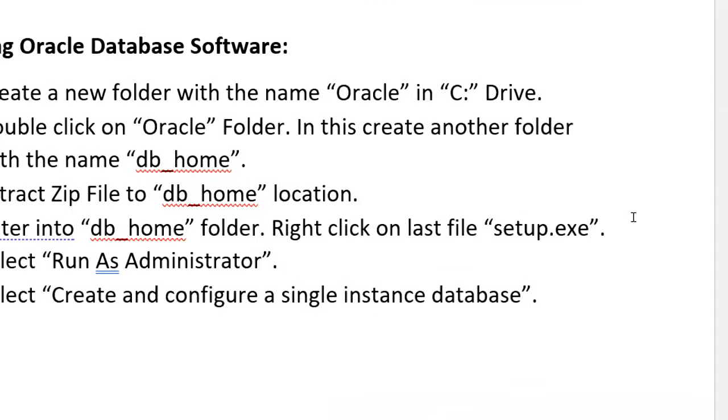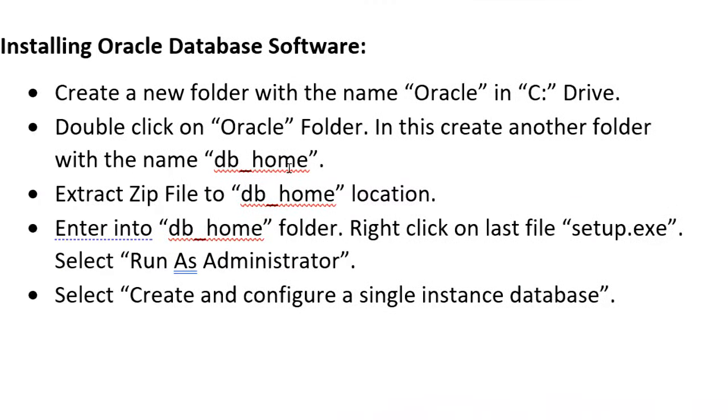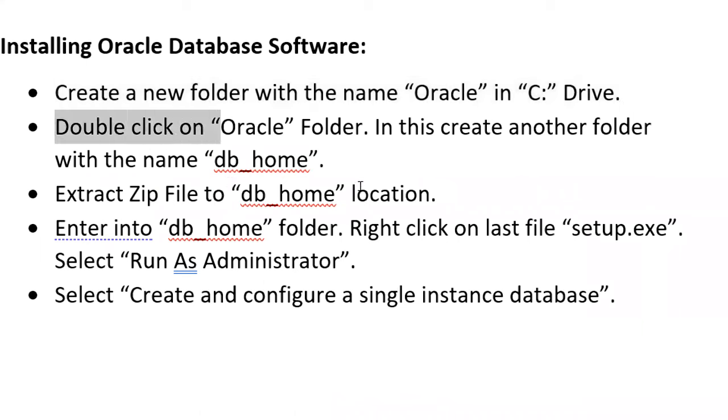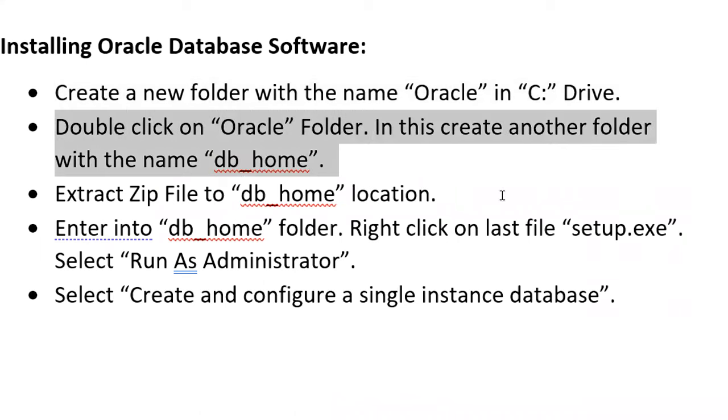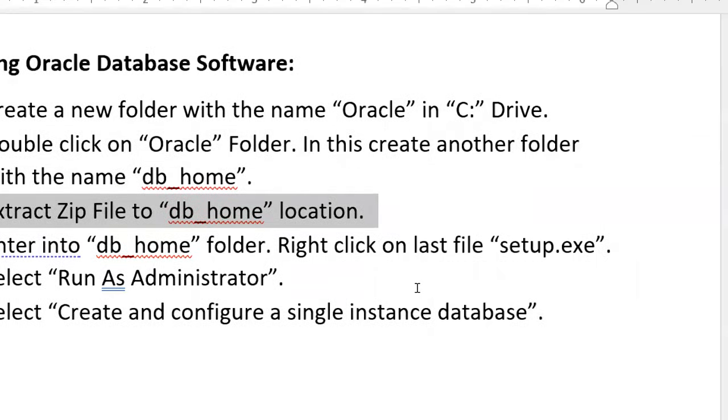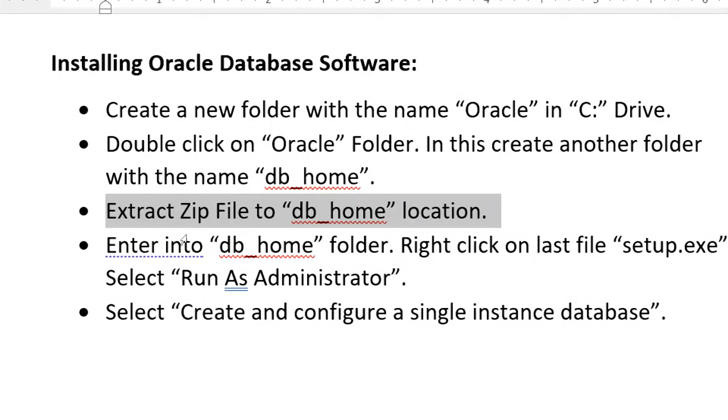After that, create a new folder with the name Oracle in the C drive. Then double click on the Oracle folder. In this, create another folder, db_home. Now extract the zip file here. Whatever the zip file is there, we right click on it and extract files to this location.